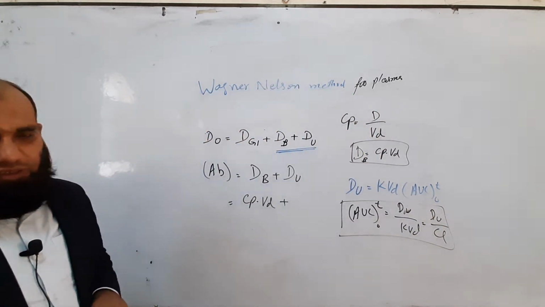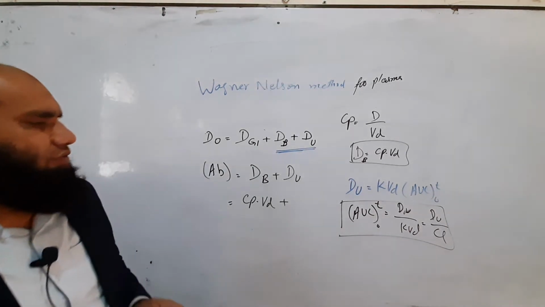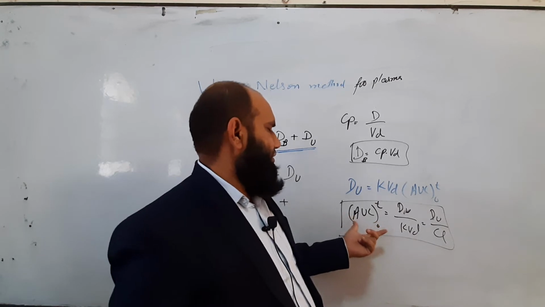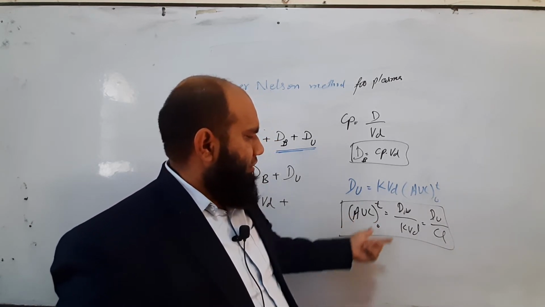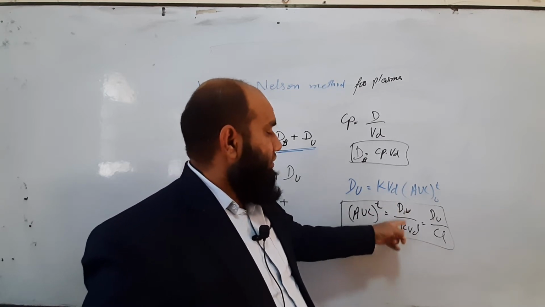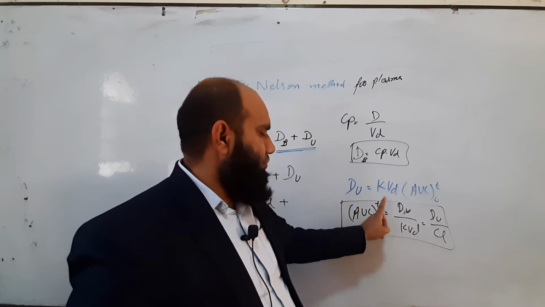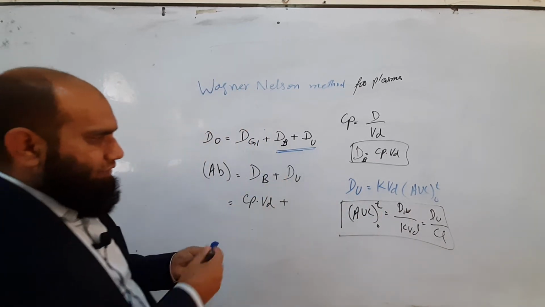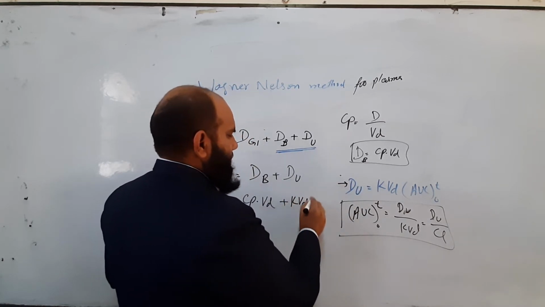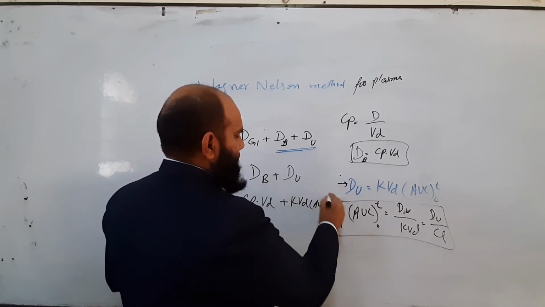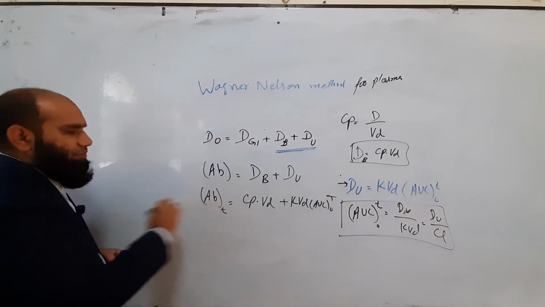The main thing is, in this equation we have AUC from 0 to t equal to D_u over K V_d. Yes, D_u, the drug in urine, is equal to K V_d into AUC 0 to t. We will write here this value of D_u, K V_d into AUC 0 to infinity, and this is actually the drug absorbed at time t.